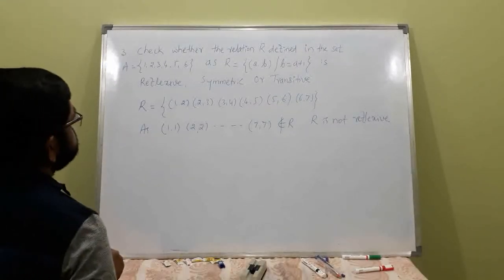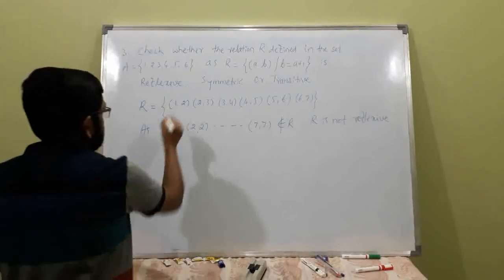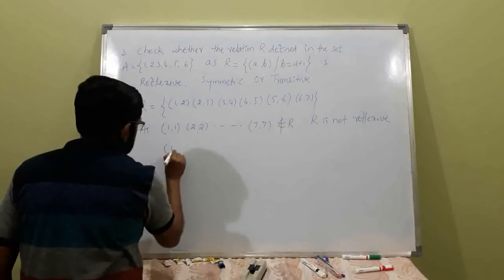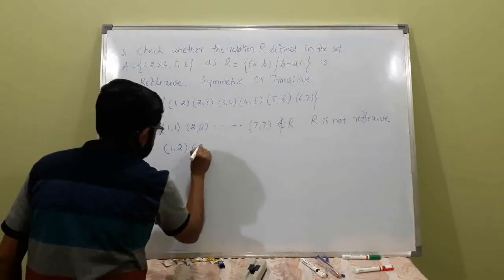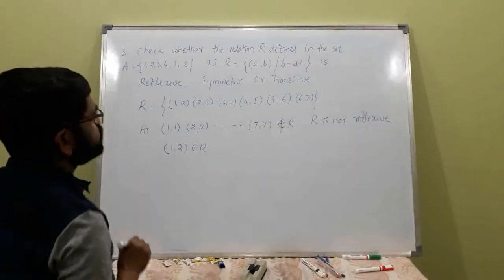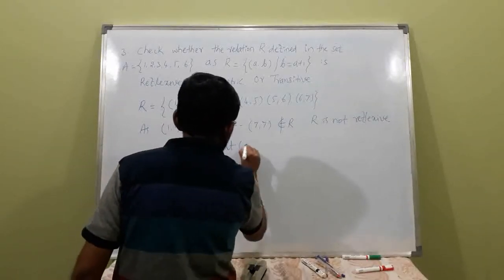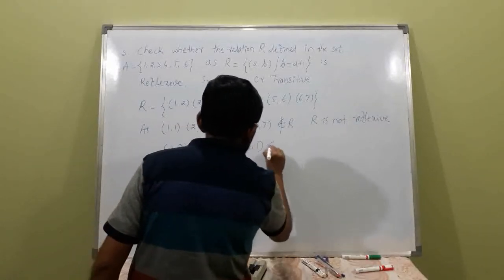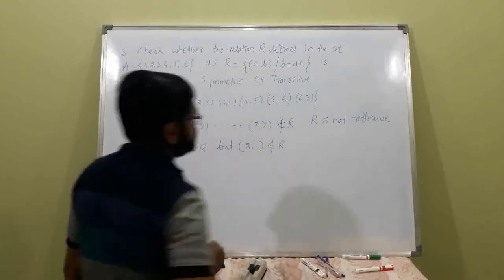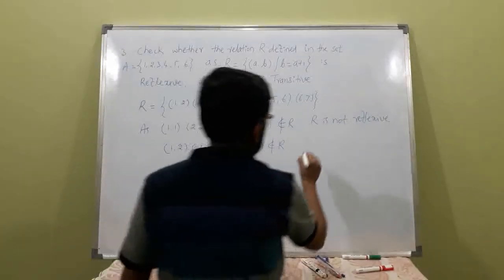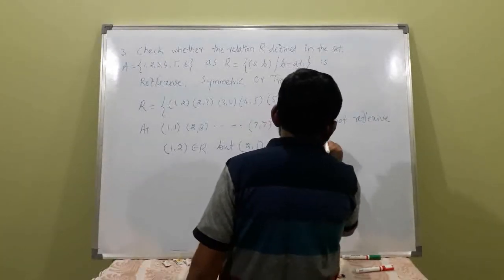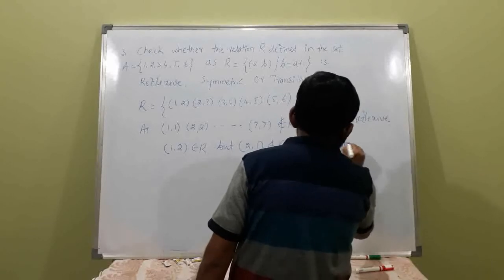Next, (1, 2) belongs to R, but (2, 1) does not belong to R. Therefore, R is not symmetric.